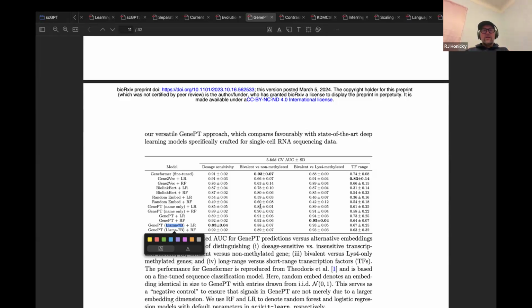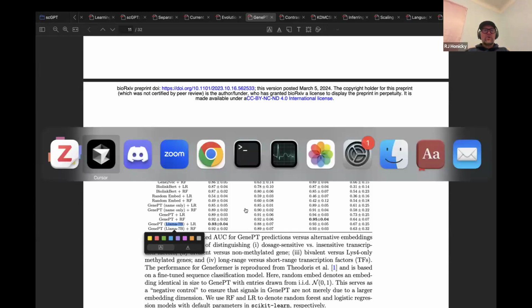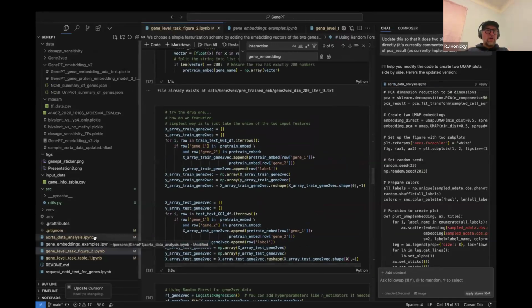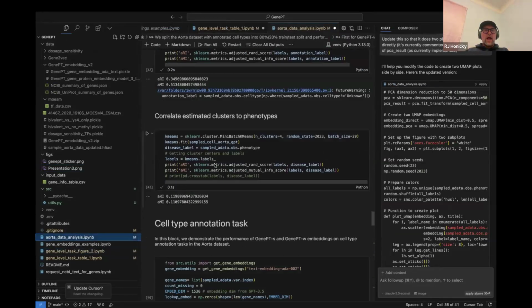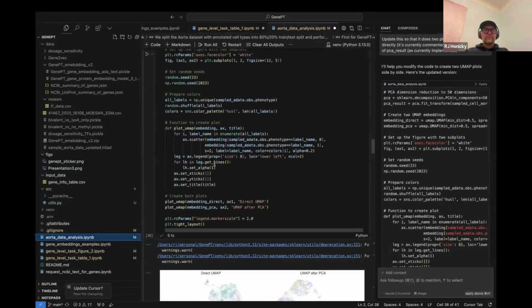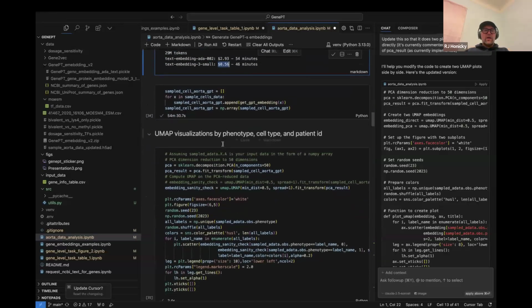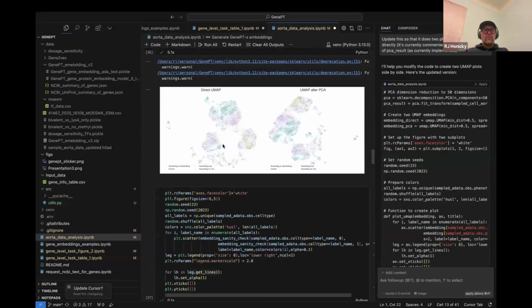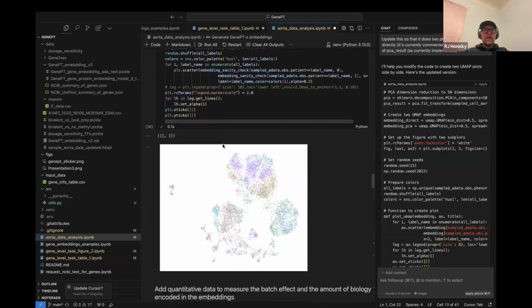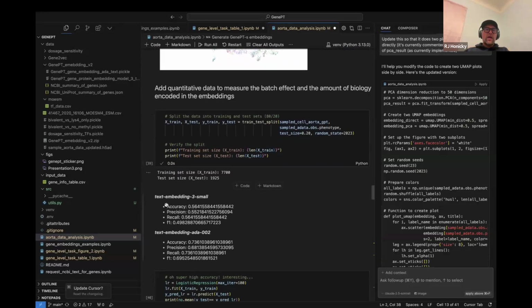But interestingly, while we're here, if you look here at this aorta data one, I actually tried the embedding 3 small, which is supposed to be a replacement for ADA and is pretty dramatically cheaper. But if you look at the results, I did these plots, but I switched them back.